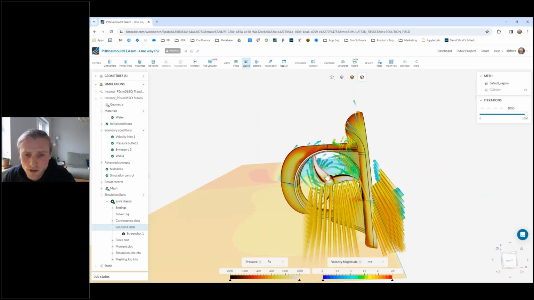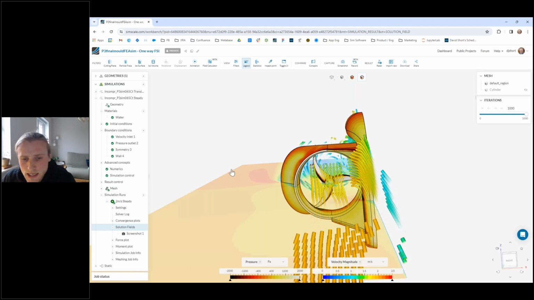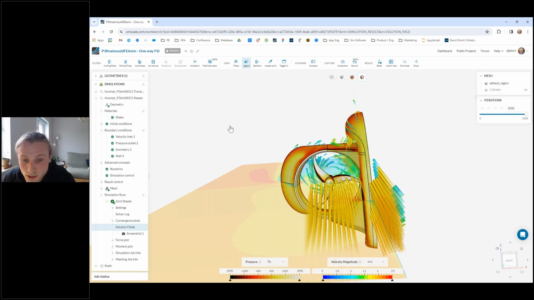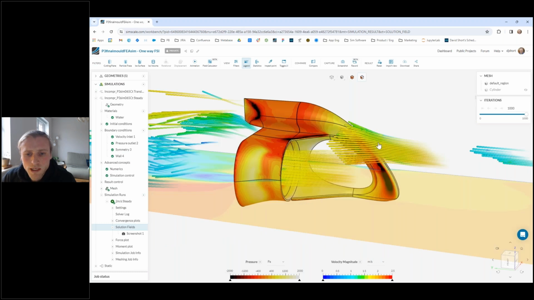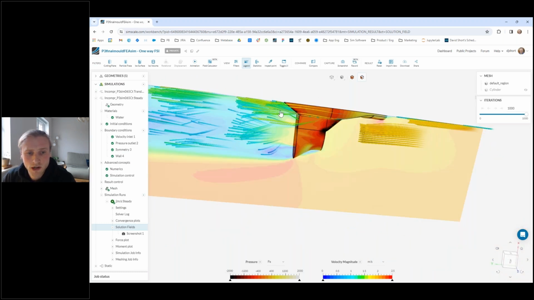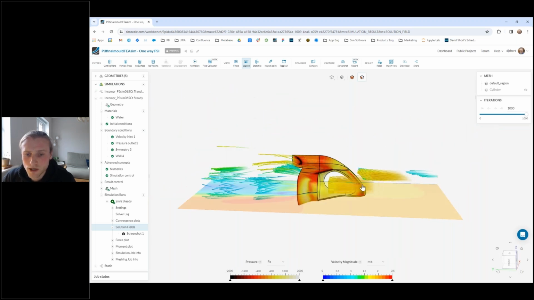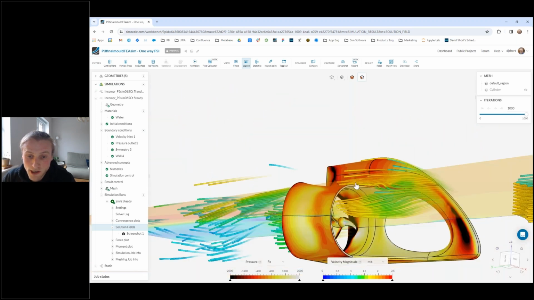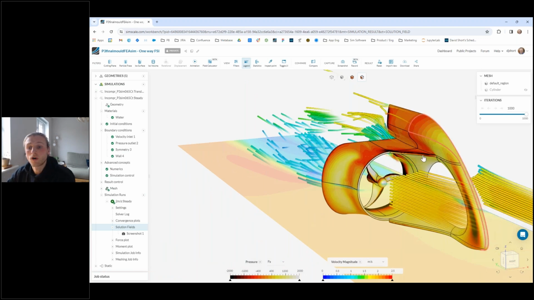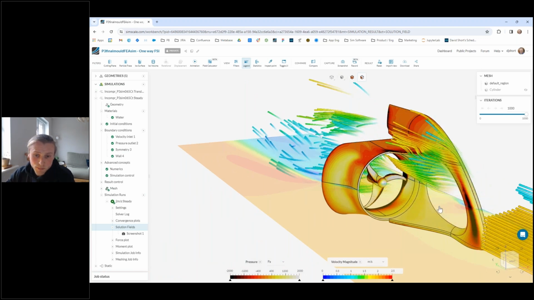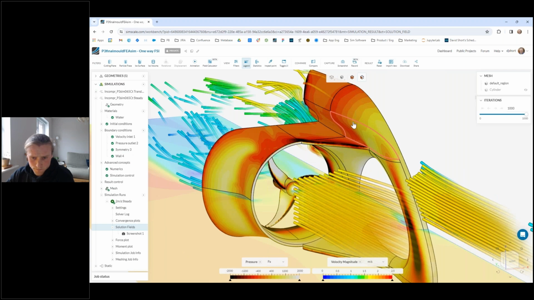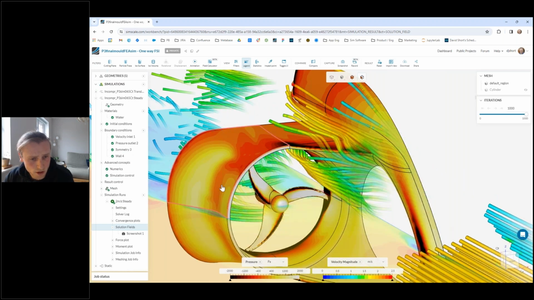So you can see we've got the rotating zone causing rotation in the fluid around the turbine. You can see the wake details in the cutting plane, and the particle traces showing the hydrodynamic behavior of the flow. And most importantly, on the body itself, we have the pressure.